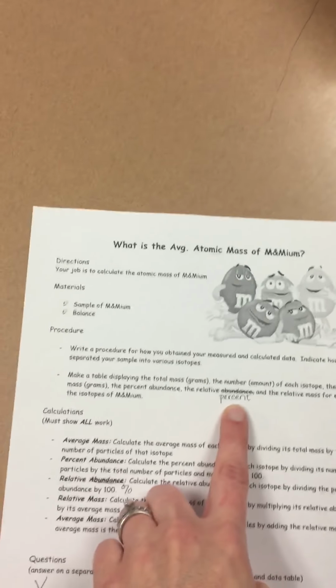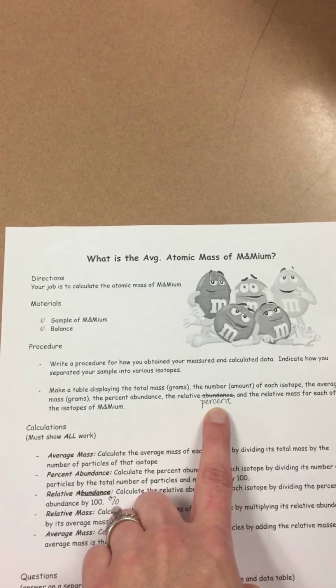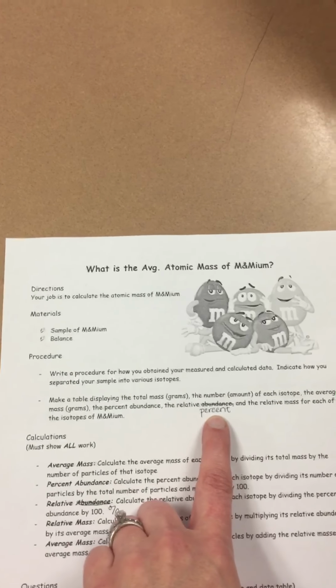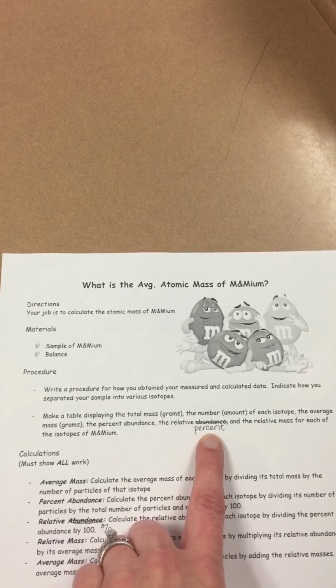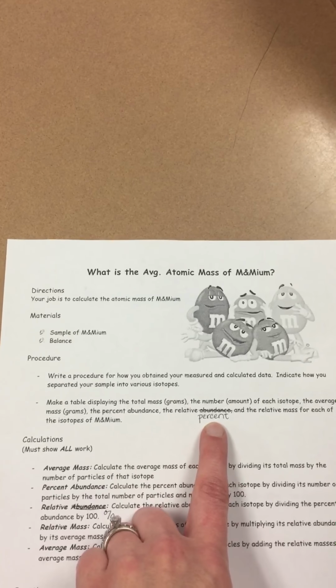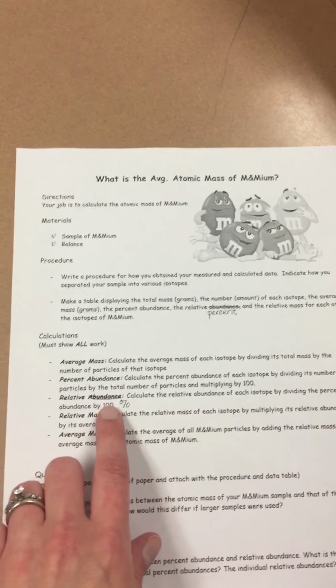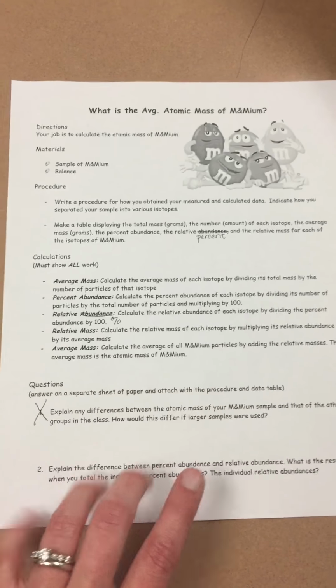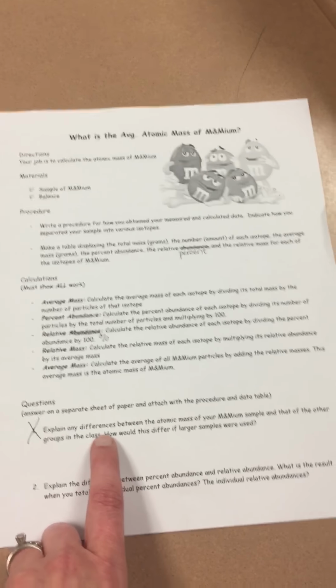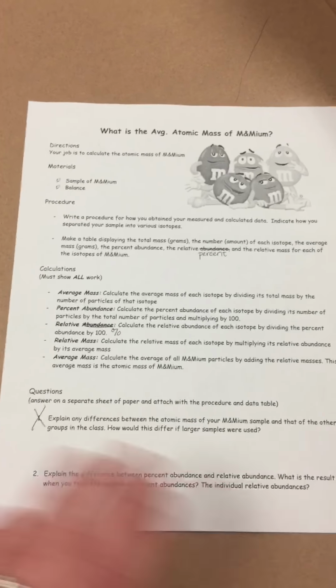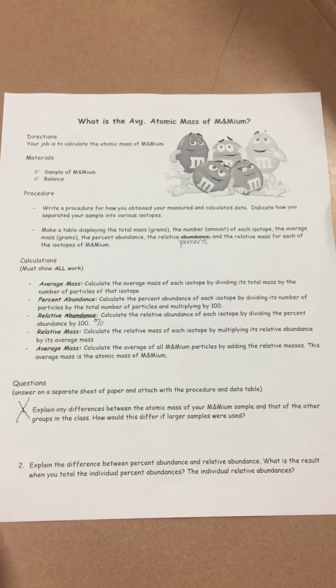So again, one more time, where it says relative abundance here in the second bullet point, change that to percent. All you're doing is simply taking the percentage that you have of each color and dividing it by 100 to turn it back into a decimal, okay? And I changed that here as well. Question number 1, I didn't have you guys compare data in class, so just go ahead and scratch off question number 1.